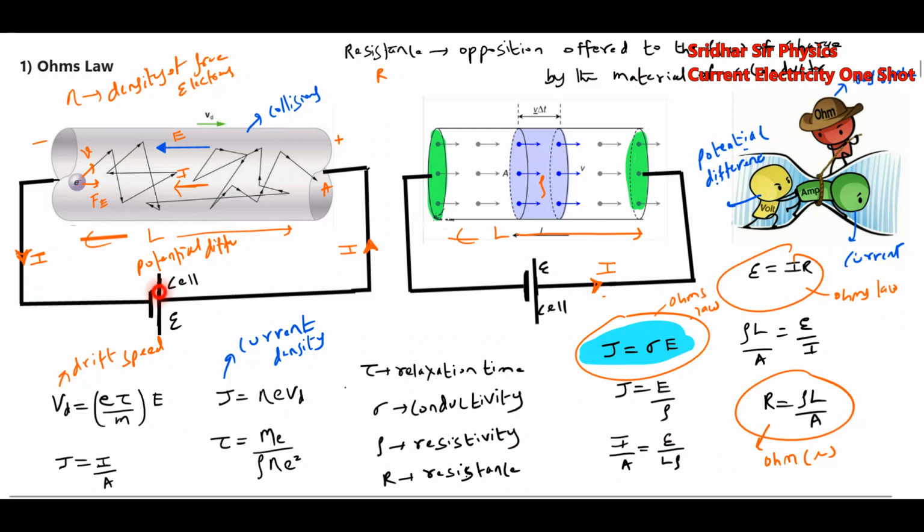The cell will give energy, the conductor will convert that kinetic energy into heat energy, and again the charge will come back here. Like that, there will be continuous flow of charge and continuous supply of energy by the cell to the conductor. Who is involved in the transfer of this? The charge, the electron, or the conventional positive charge. This is the basic idea.